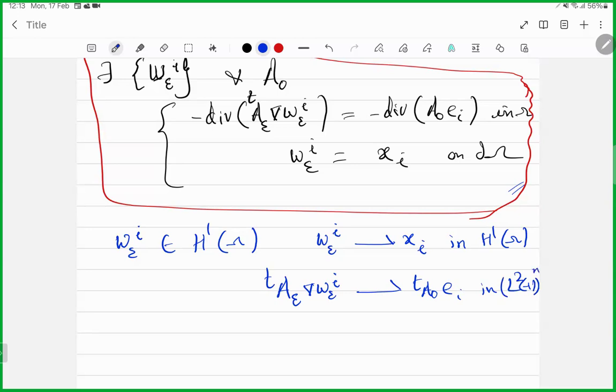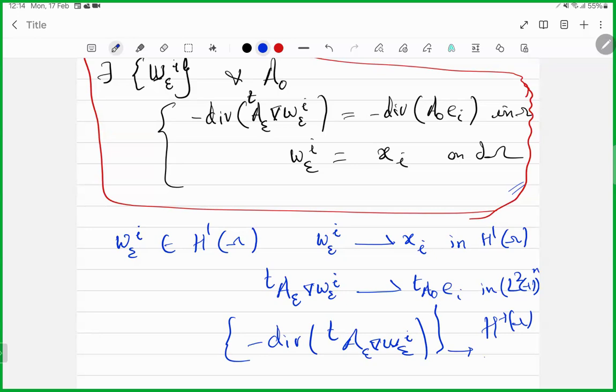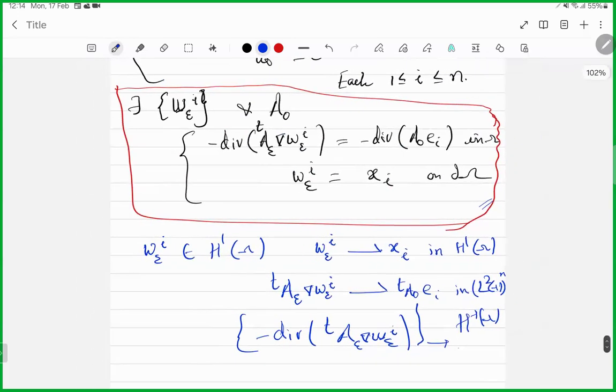And you also have that this sequence is strongly converging in H minus 1 to something. And in this case, we know what it is. So we have these properties about W epsilon I.